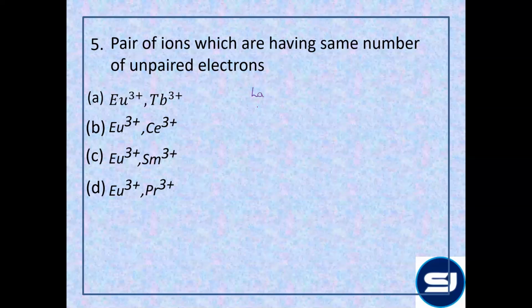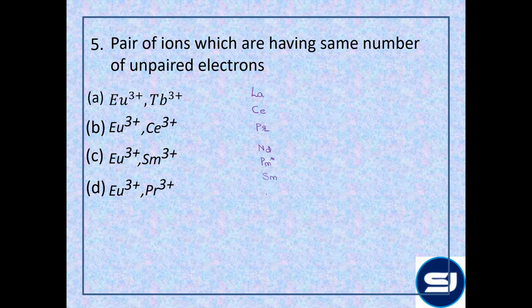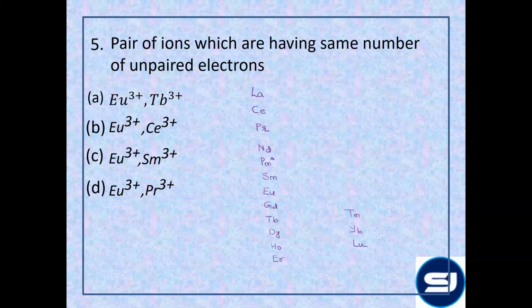Lanthanum, cerium, praseodymium, neodymium, promethium, samarium, europium, gadolinium, terbium, dysprosium, holmium, erbium, thulium, ytterbium, and lutetium.